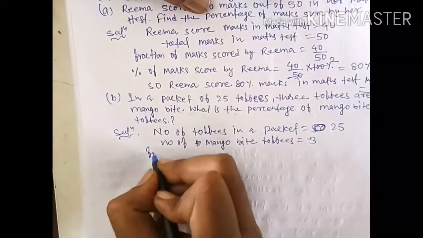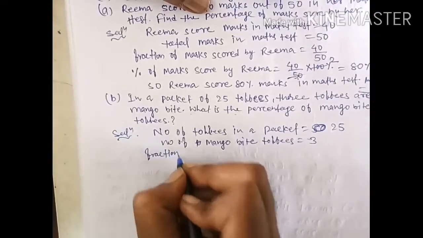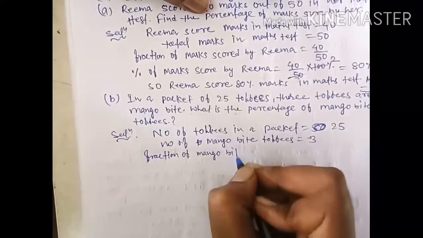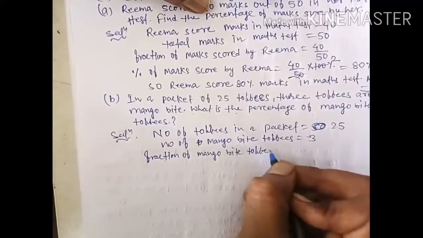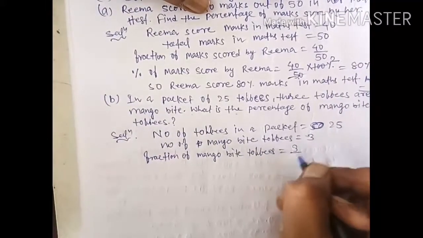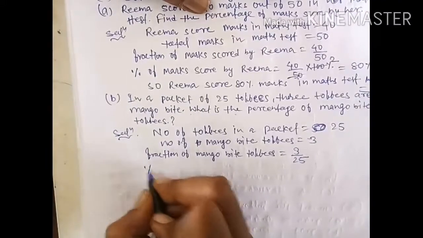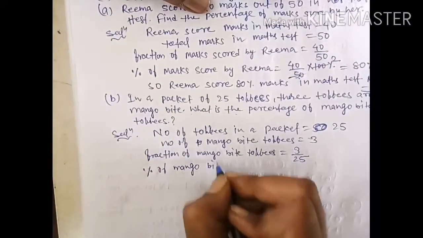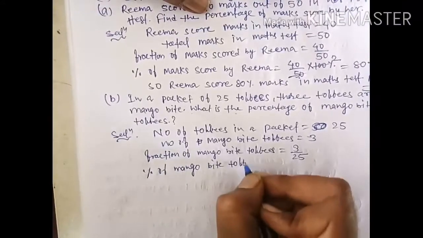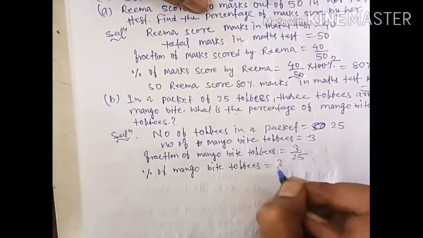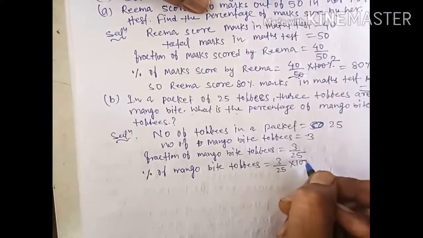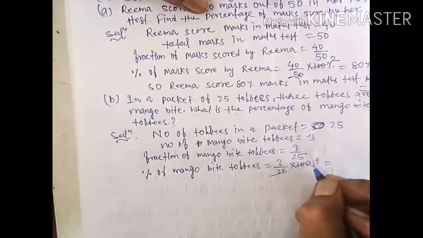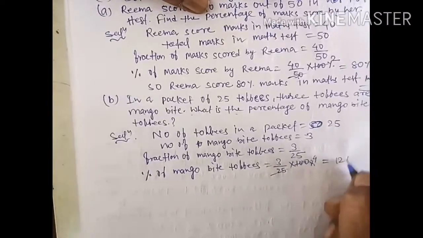So the fraction of mango bite toffee is equal to 3 by 25. Percentage of mango bite toffee is equal to 3 by 25 into 100. So 25 cancels 4 times, so you get 4 into 3, that is 12%.